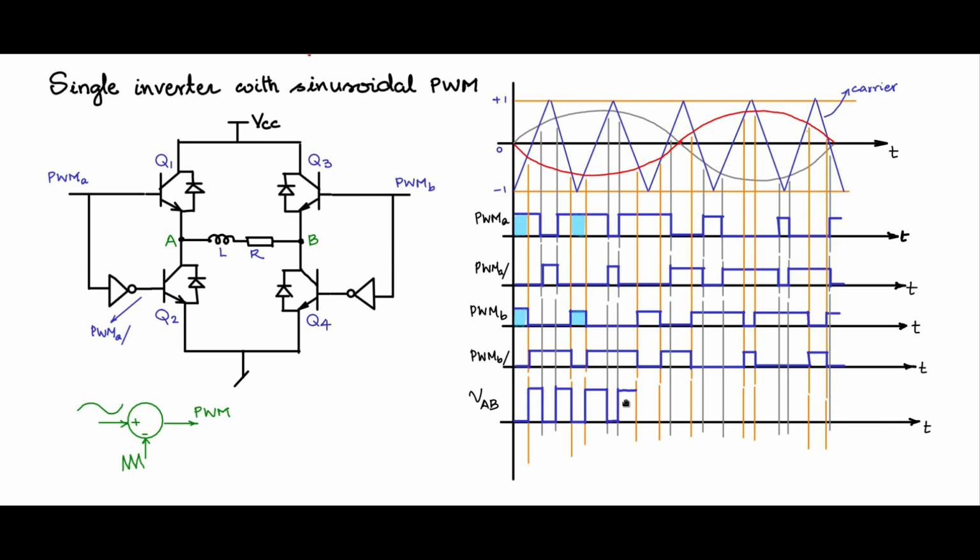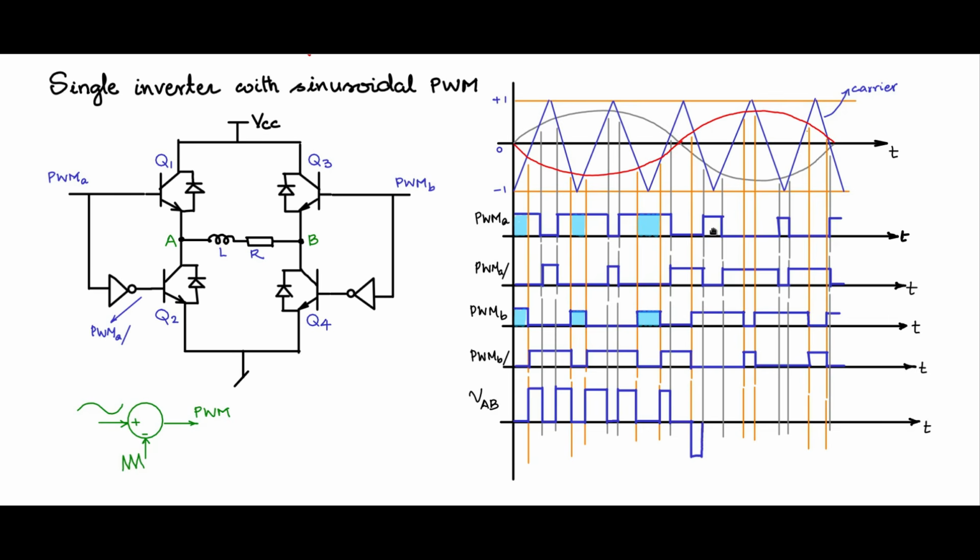Again PWM-A goes high, PWM-B being 0. Here PWM-A and PWM-B are the same, cancel and become 0. And here you have PWM-A, both are 0 here. And at this point you have PWM-B, which is positive, PWM-A is 0, so it goes negative here.